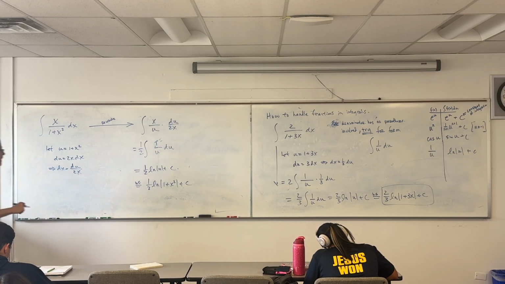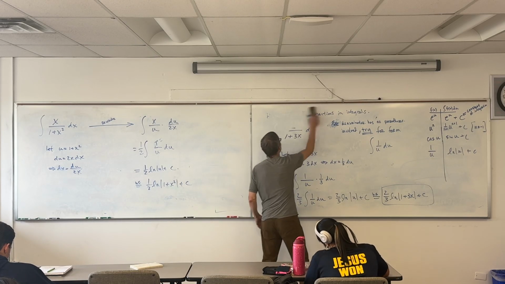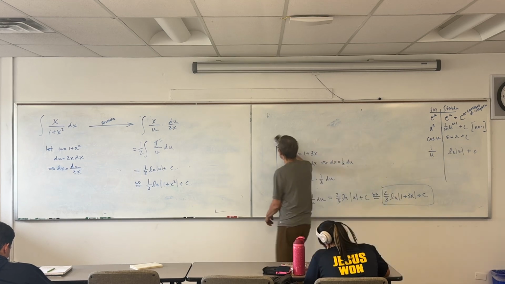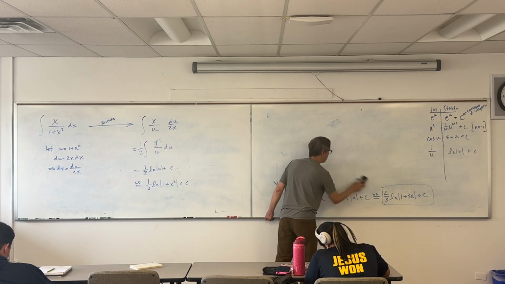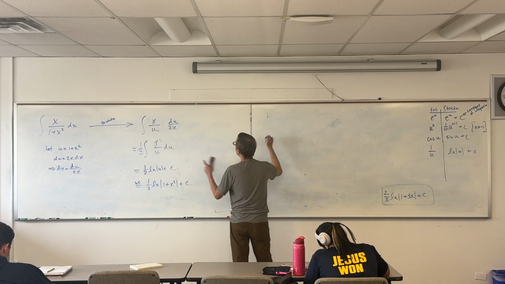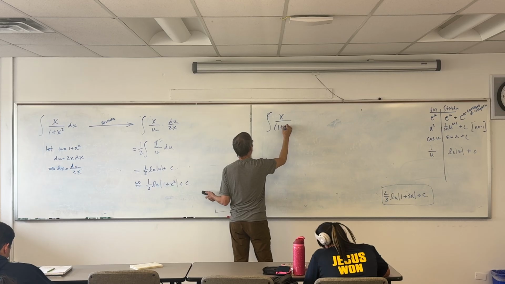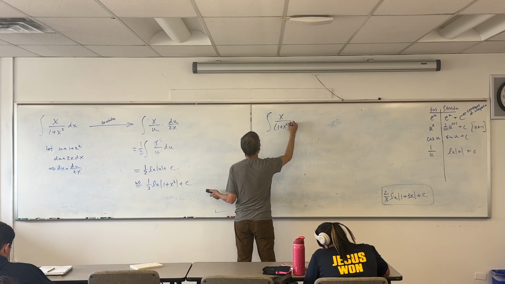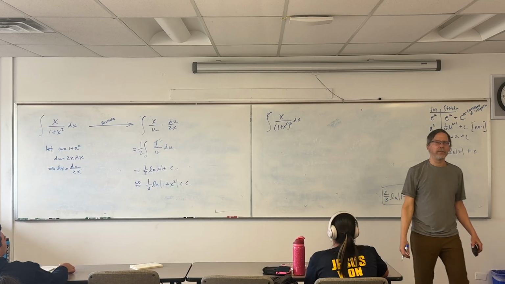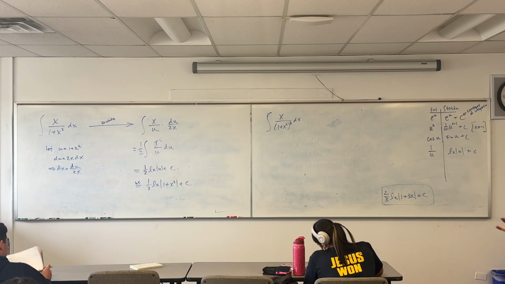Let me pop another one up here, because I want to keep rolling with this fraction form. So let's tweak this just a little. Integral x over, and I'm going to have 1 plus x squared in the bottom, but I'm going to have it cubed. Let me let you play for a minute.